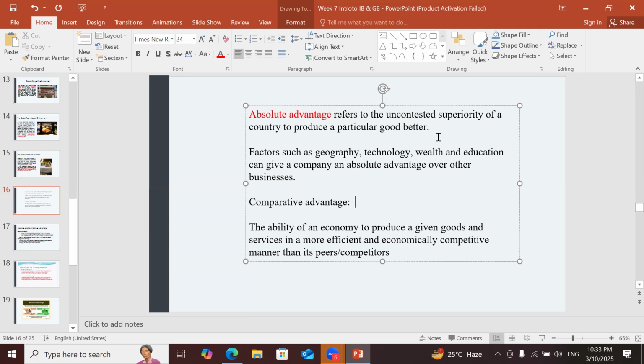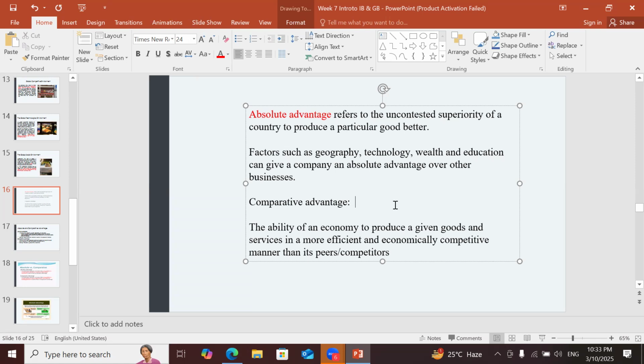Another example: when you visit Thailand, in a cave in Thailand there is a special red bird. If you want to do business related to the red bird, there is no other alternative. It is only one item and very rare in the Thailand market. So it is one kind of absolute advantage.